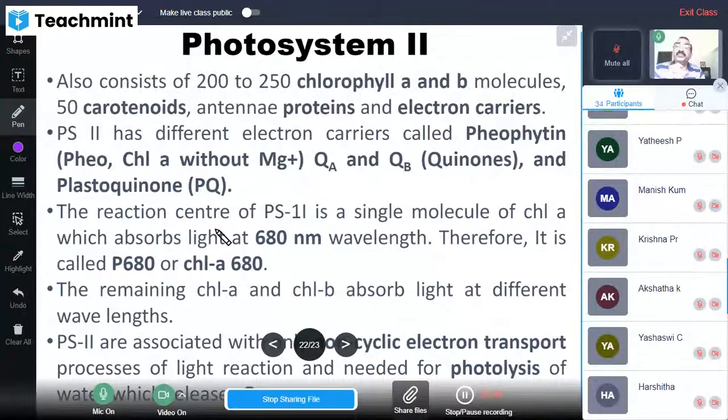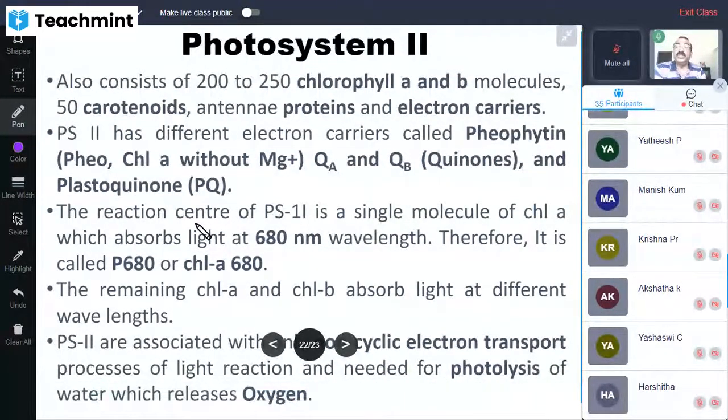Okay. Now another important difference between photosystem 1 and 2 is the reaction center. The reaction center of photosystem 2 is a single molecule of chlorophyll A which absorbs light at 680 nanometer wavelength. Remember, photosystem 1 reaction center absorbs at 700 nanometers, whereas PS2 absorbs light at 680 nanometers.